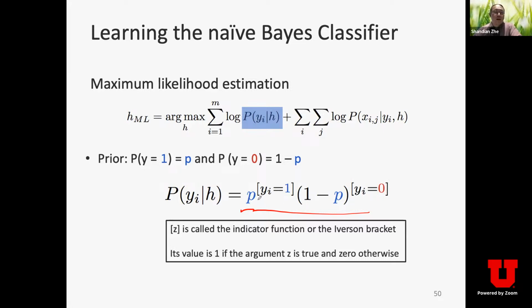Here, this square bracket means an indicator function. The input is some kind of condition. If that condition is correct, then the indicator function is 1. Otherwise, the indicator function is 0.